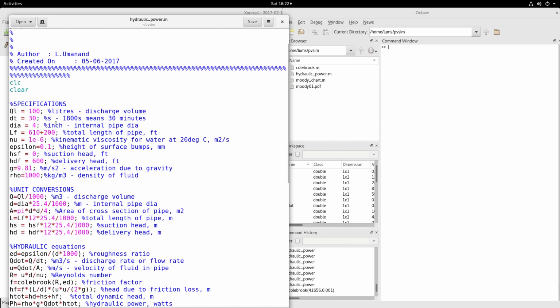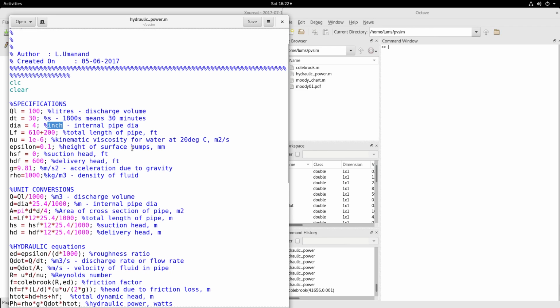Sometimes it is in the form of liters per second for the discharge rate. The lengths, like the suction head, delivery head, are most of the time given in feet, and the diameter of the pipe carrying the water is given most of the time in inch. So these are what you would call common usage.